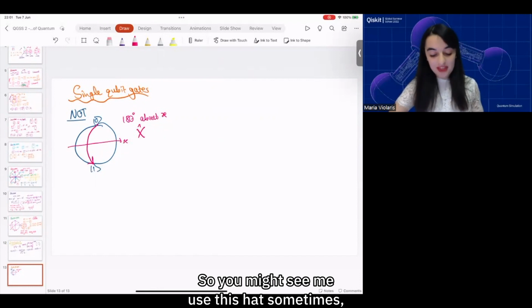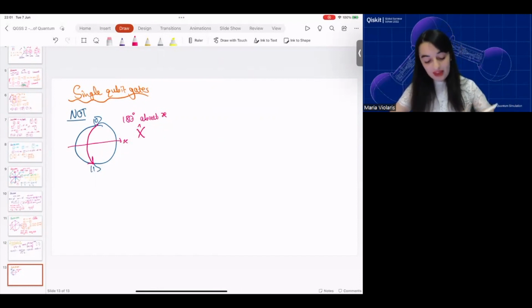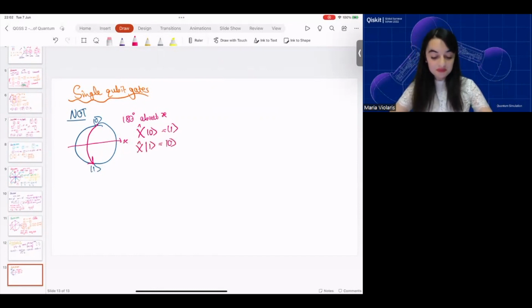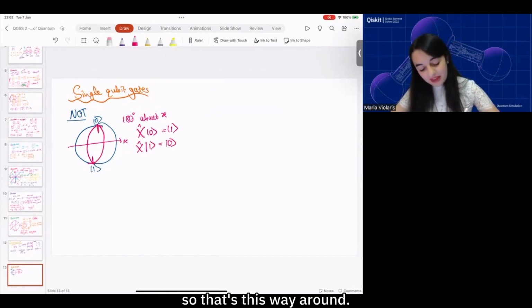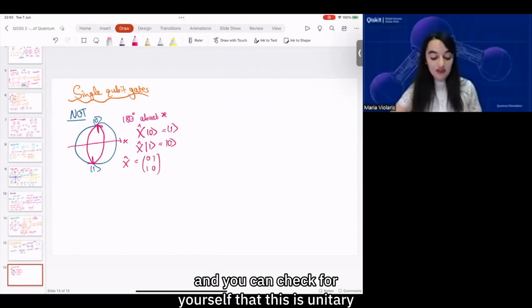So you might see me use this hat sometimes, but sometimes I won't. So the X acting on 0 sends it to 1, and X acting on 1 sends it to 0. And so that's this way around. And as a matrix, we can write it as 0, 1, 1, 0. And you can check for yourself that this is unitary.